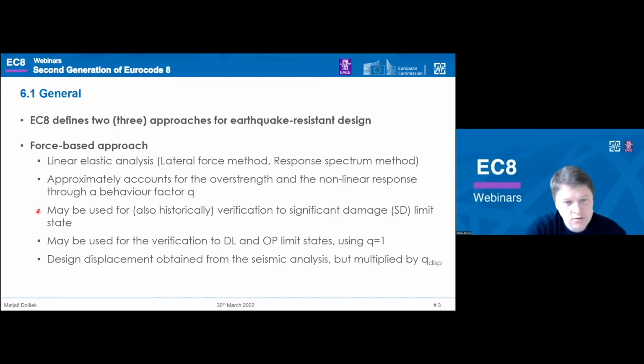The force-based approach can be used to verify the significant damage limit state. This is in relation to the protection of human lives. This is partially also historical.